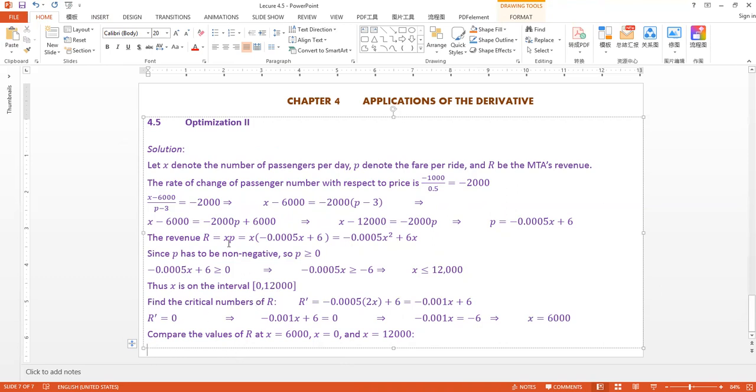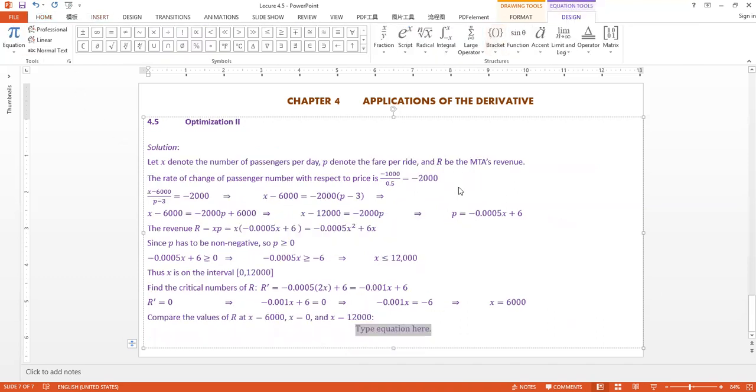So R equals negative 0.0005x squared plus 6x.